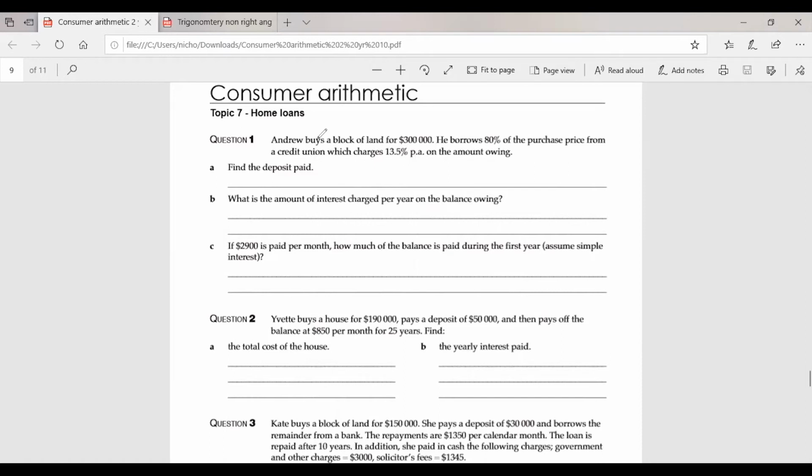All right. So Andrew buys a block of land for $300,000. He borrows 80% of the purchase price from a credit union which charges 13.5% per annum on the amount owing. So how would we find this?